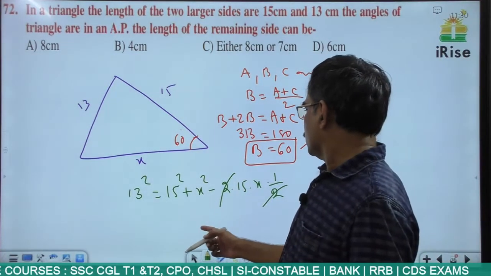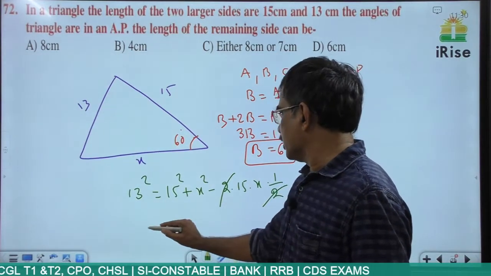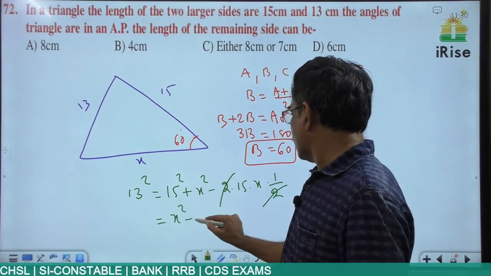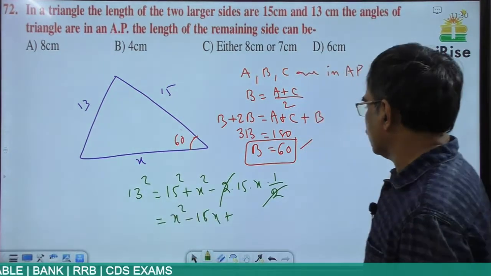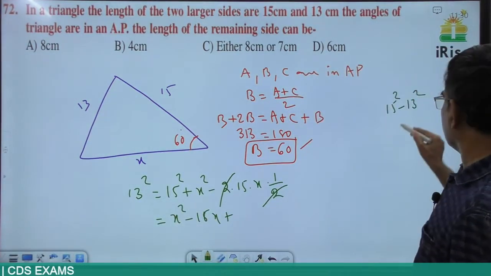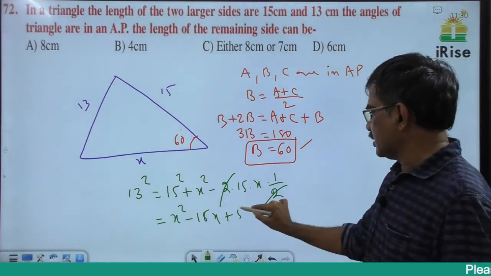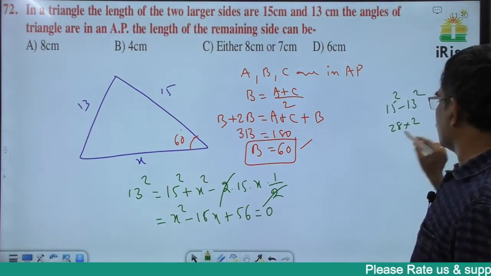So here this can be written as x square minus 15x plus 15 square minus 13 square equal to 0. 15 square minus 13 square is a square minus b square, (a plus b) into (a minus b), that is 28 into 2, which is 56.